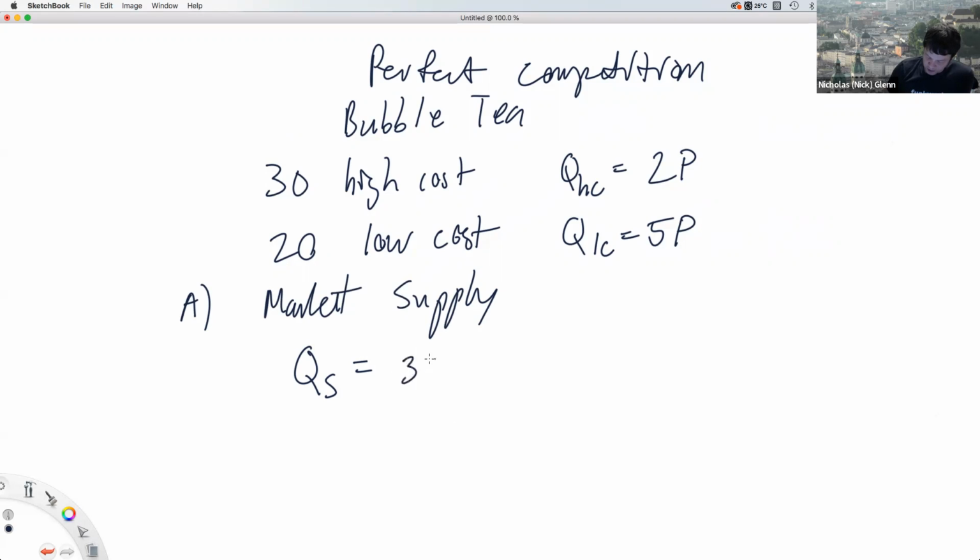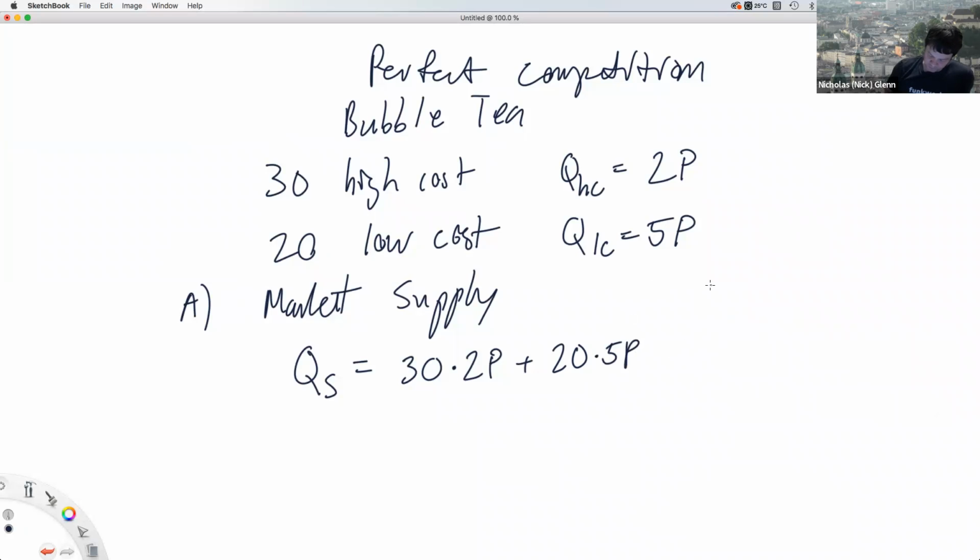So there's going to be 30 high cost, and when you add those up, you need to multiply the 30 by 2p. What about the low cost? Well, we need to add those as well. There's 20 of those, and to get how much they'll produce based on the price, we need to multiply this 20 by 5p.